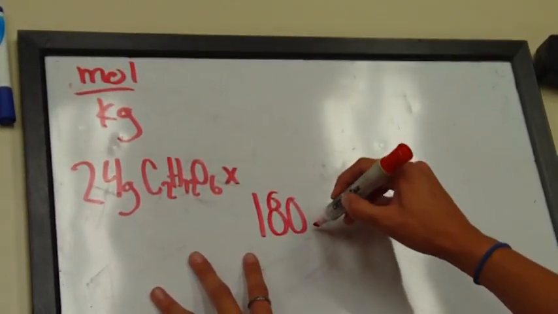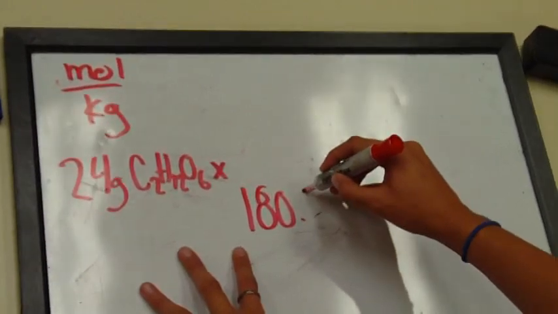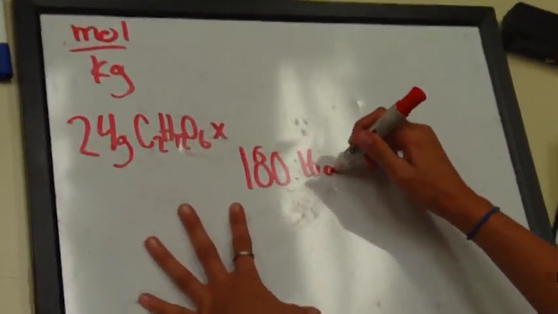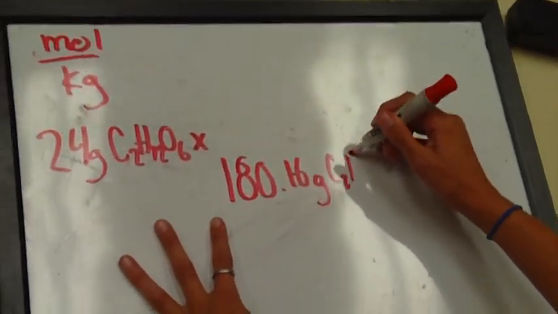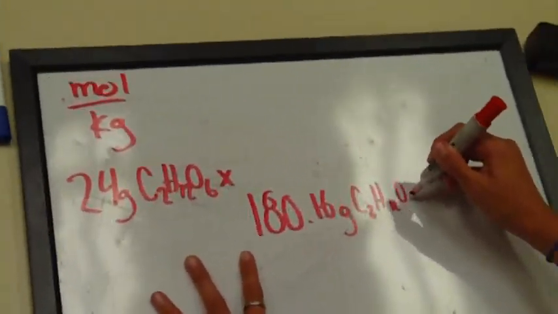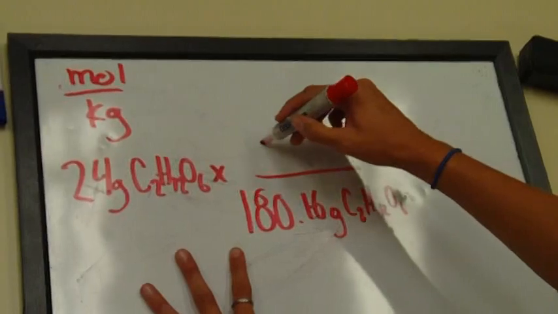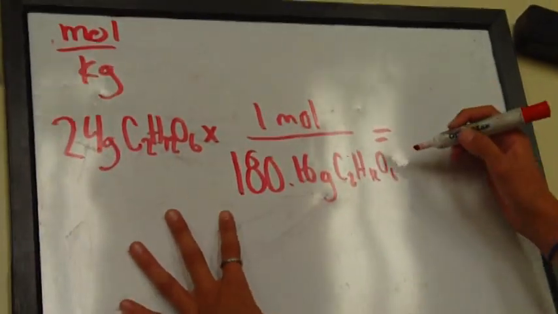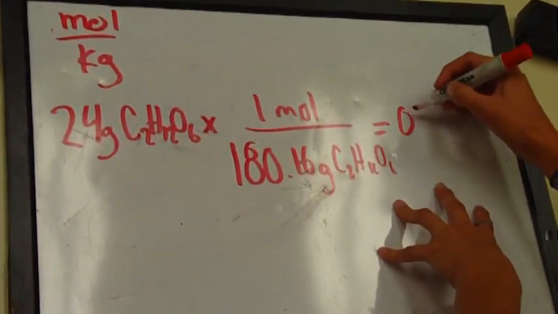We got 180.16 grams of glucose for 1 mole.